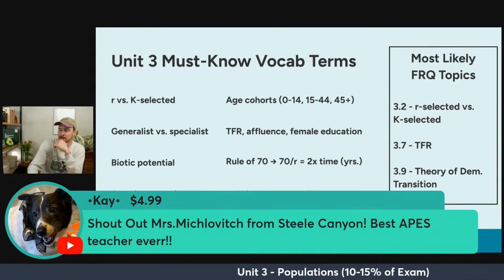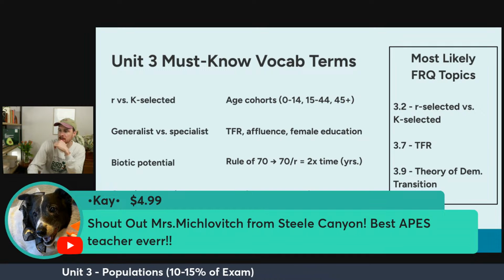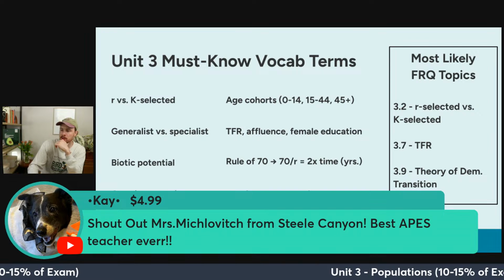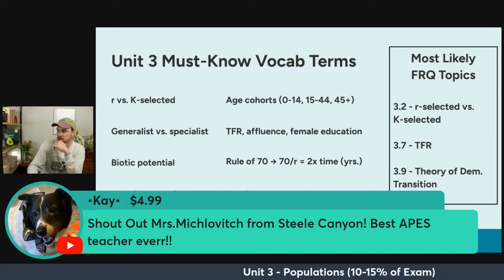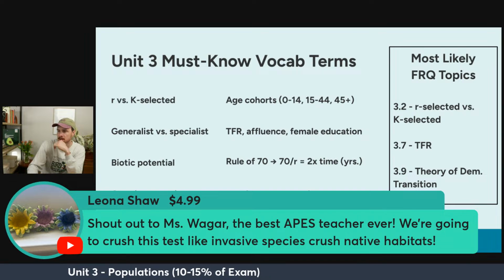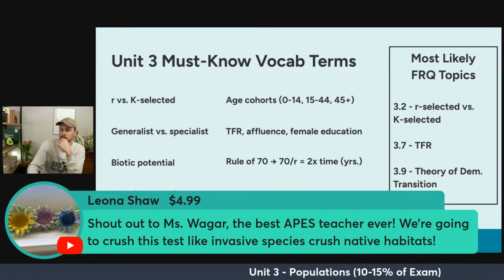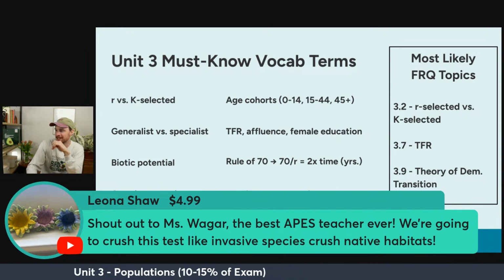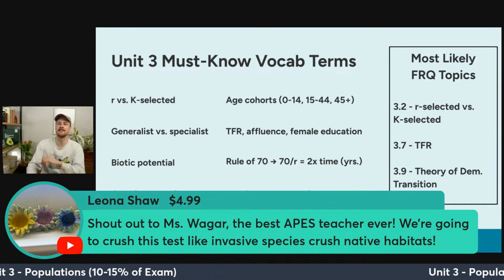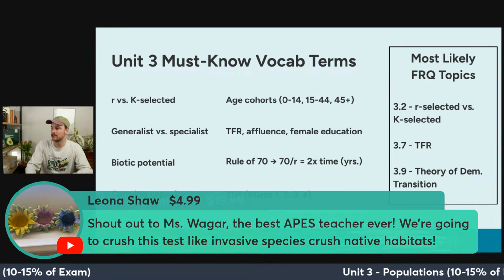Maybe Kay only meant to make one donation. Shout out to Mrs. Michlovich from Steel Canyon. Very cool name, Mrs. Michlovich. Your scholars appreciate you, and they're feeling ready for the exam, it looks like. We have Mrs. Wager, I hope I'm saying that right. Best APES teacher ever. We're going to crush this test like invasive species crush native habitats. There we go. We love to see an APES pun make it into the teacher appreciation.